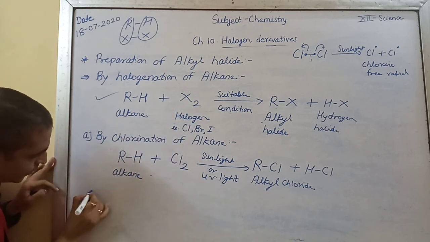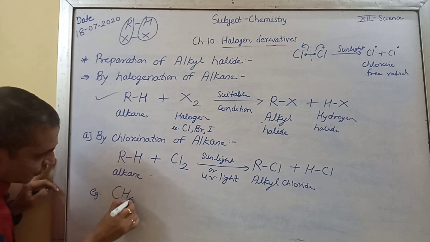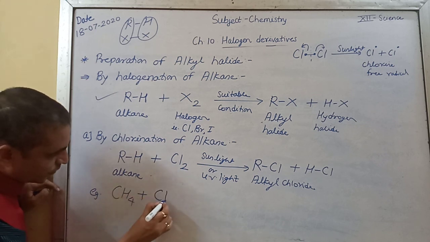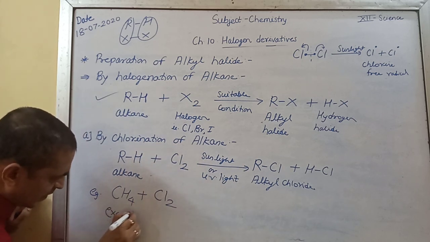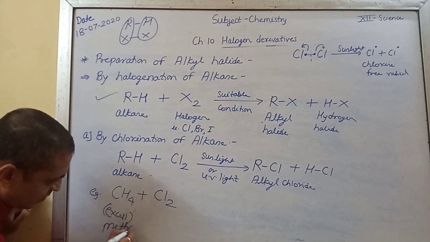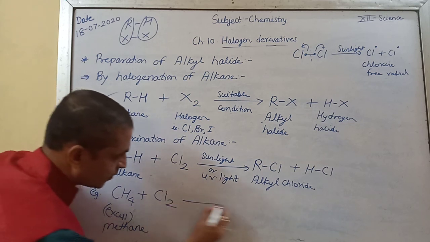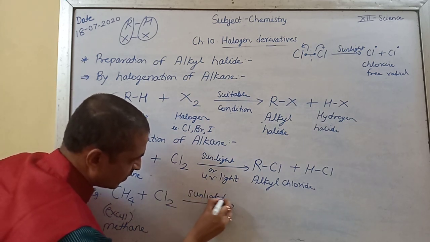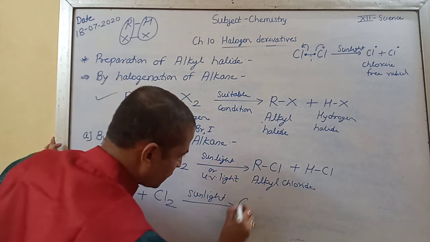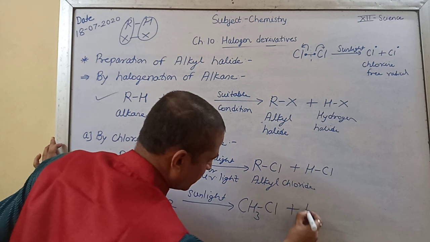See, write an example. We can take the example of methane. CH4 plus Cl2. Take excess methane. Put sunlight. So you get CH3Cl plus HCl.